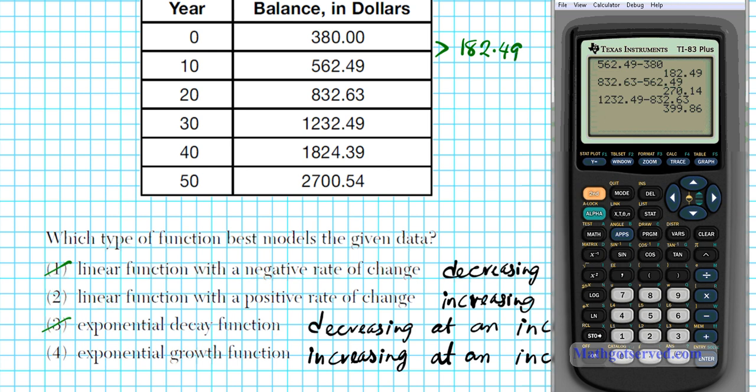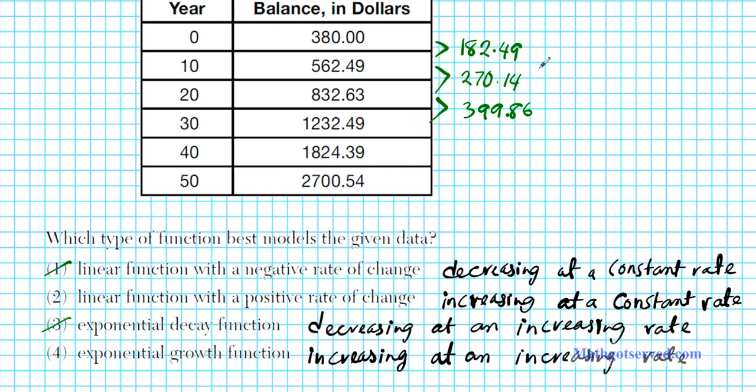The increment from 10 to 20 years was 270.14. And the increment from 20 to 30 was 399.86. What do you notice about the rate of increase? It's increasing, right? It's increasing at an increasing rate.